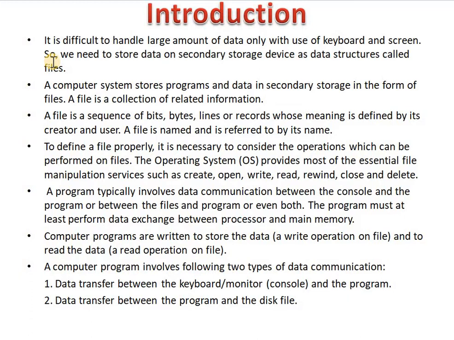The file stores related data. A computer system stores programs and data in secondary storage in the form of files. In a computer system, different programs are stored in files. For example, consider your C++ program file.